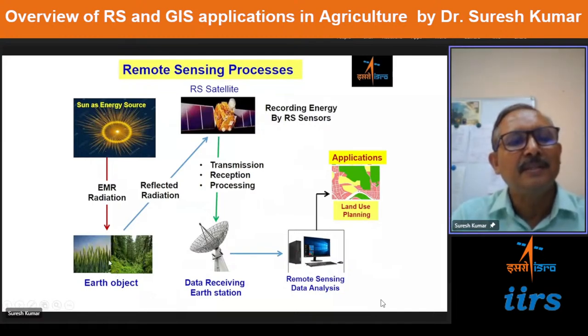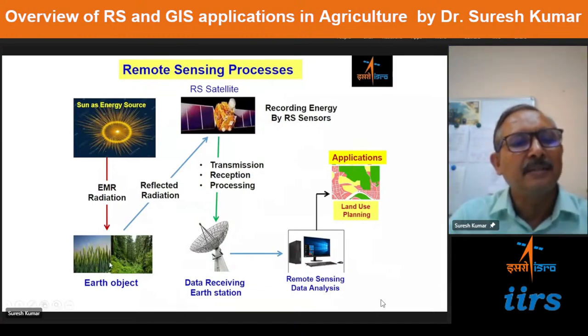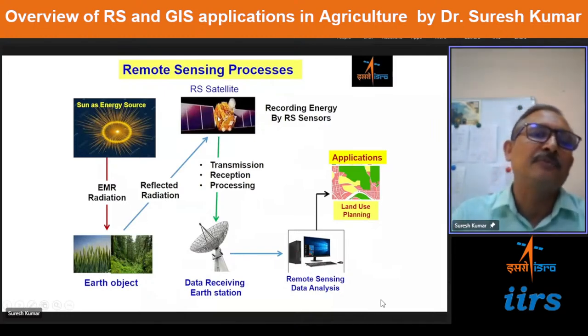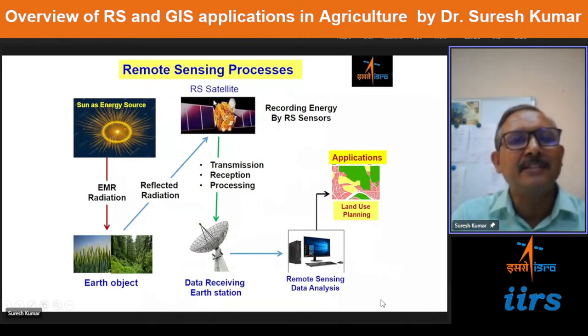When it comes, part of the radiation is absorbed by the Earth object, and part of the energy is reflected back to the atmosphere or to space. The reflected radiations we record using remote sensing satellite data.